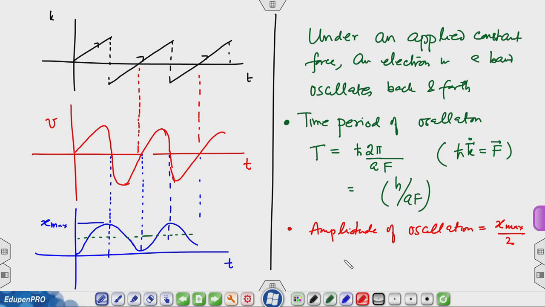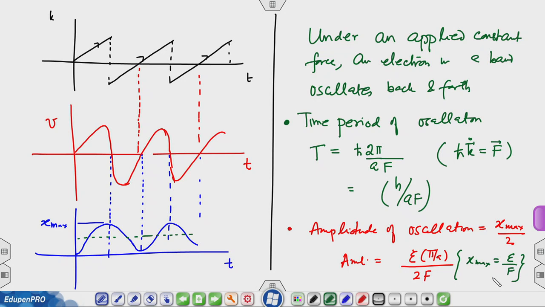So, you are going to have amplitude equals E pi by a divided by 2 f. That is going to be the amplitude, because x max in the given condition is E divided by f. And you can also figure out what the mean position is.